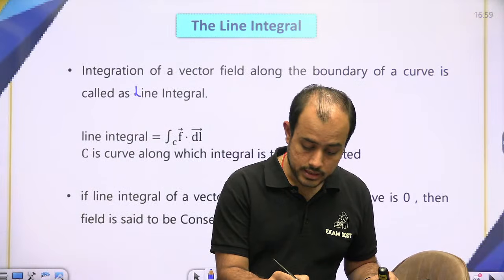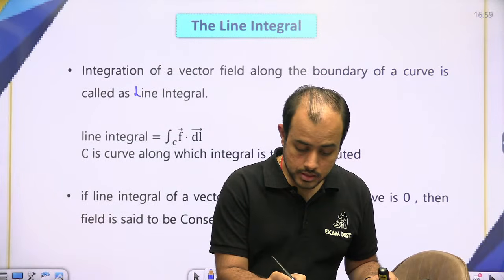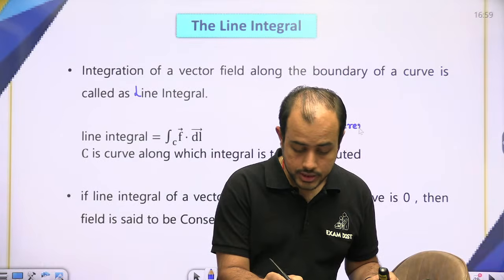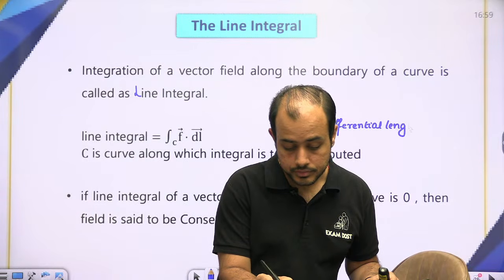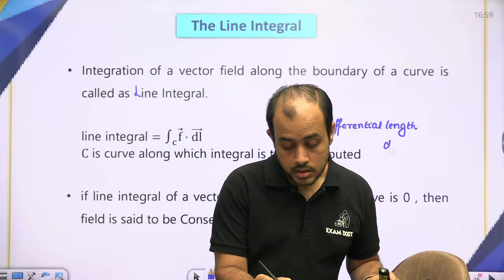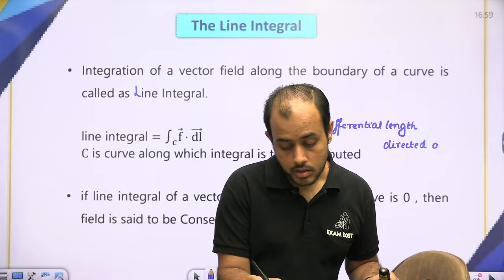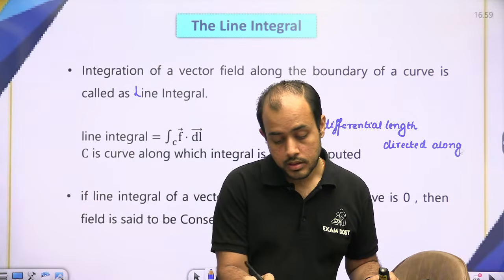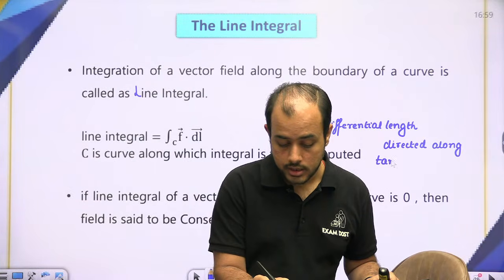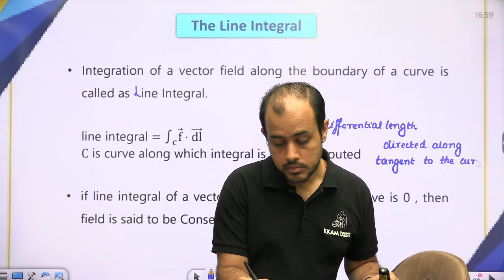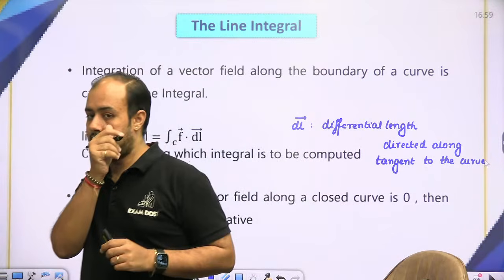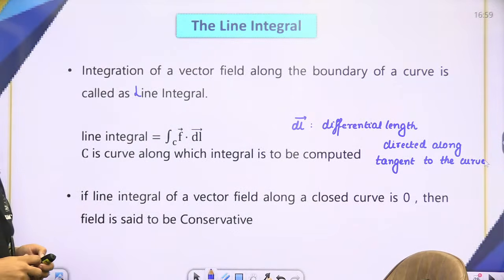So dl vector is the differential length, directed along the tangent to the curve.